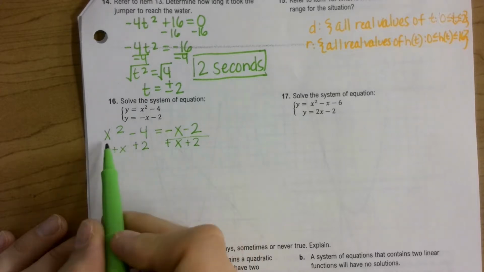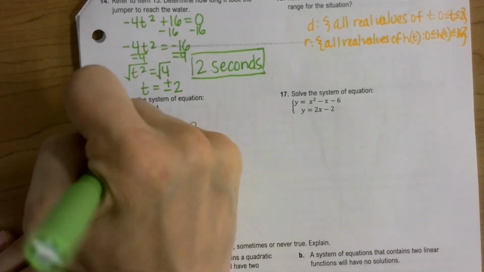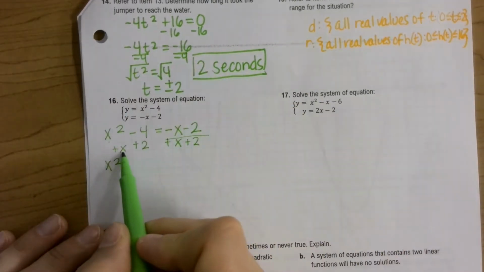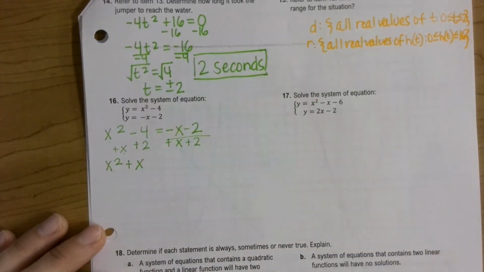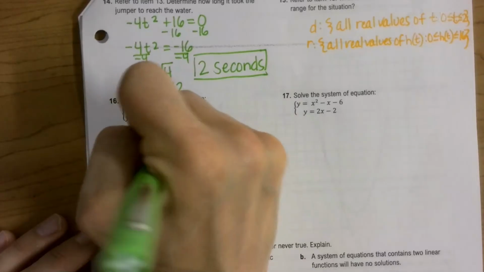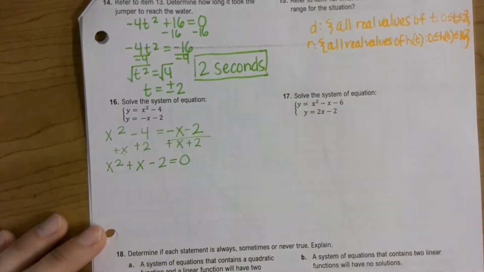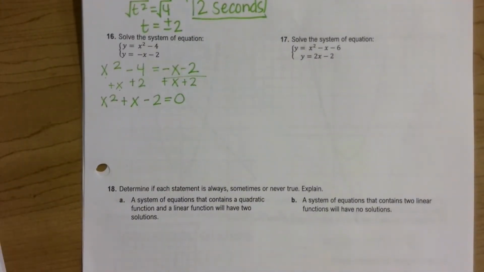Now combine like terms. There's nothing to combine to x squared, so I leave that the same. There's no other term with just x, so that also is the same. And then negative 4 plus 2 is negative 2, and it's equal to 0. Now I can solve this quadratic function by using one of the methods.